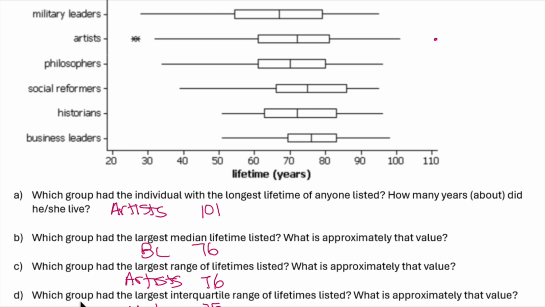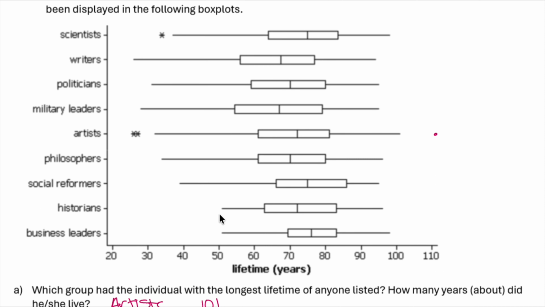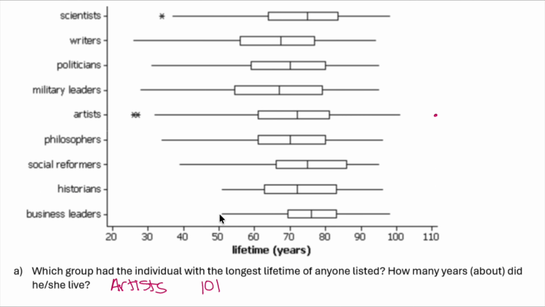Okay, so part D, which group had the largest interquartile range of lifetimes listed? What is approximately that value? Okay, so for the interquartile range, we know that IQR is Q3 minus Q1. On a box plot, Q3 is always the right end of the box and Q1 is the left end of the box, so we just want to know which box is the longest.